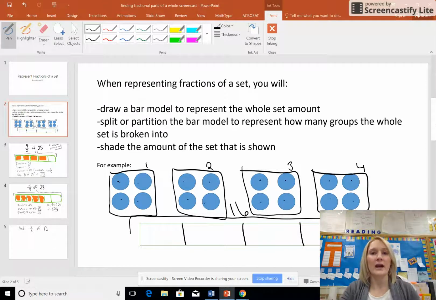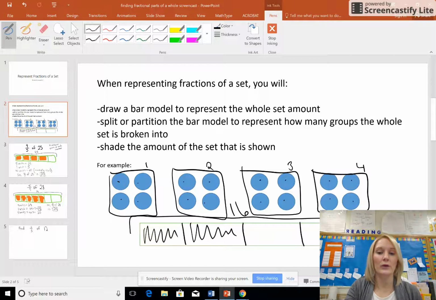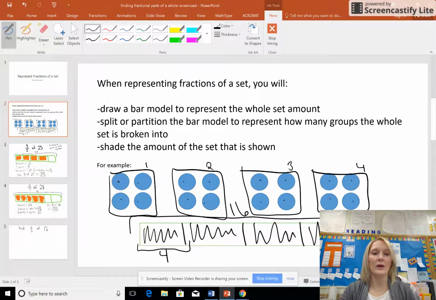And then I have to decide how much each part is worth. So if I'm taking a look at 4 sets of 4, the whole is worth 16. Each shaded set is going to be worth 4, and I'll label that right down here for you. Okay, so that's how we decide what our picture is going to look like.